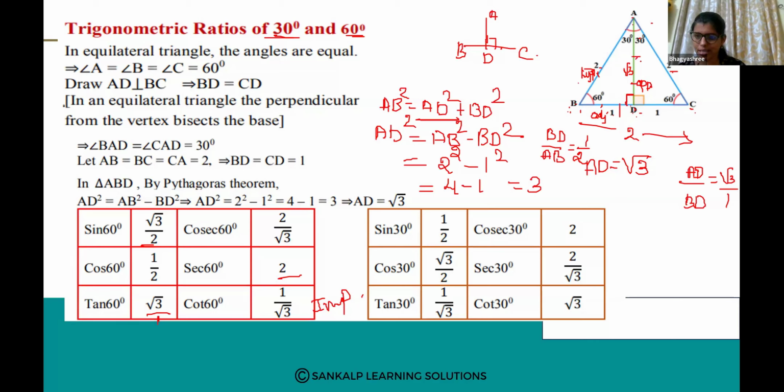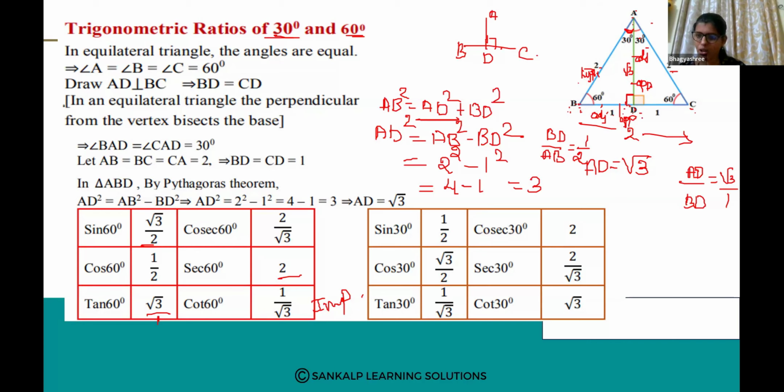And this is the hypotenuse and this is the adjacent side. Now theta is here. This is the adjacent side and this is the opposite side. And this is the hypotenuse. So sin 30 degree means opposite side divided by hypotenuse, BD divided by AB. Is it understandable? BD divided by AB.